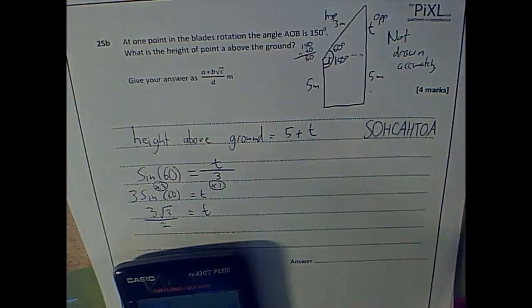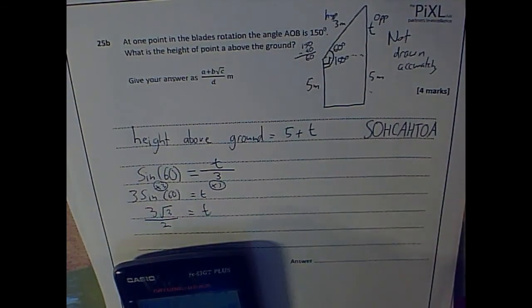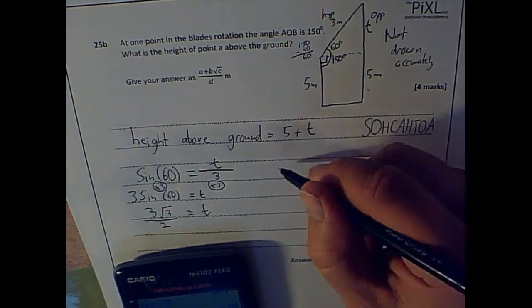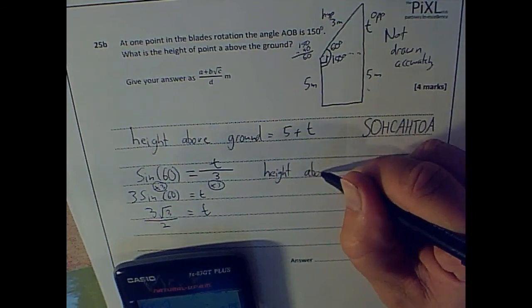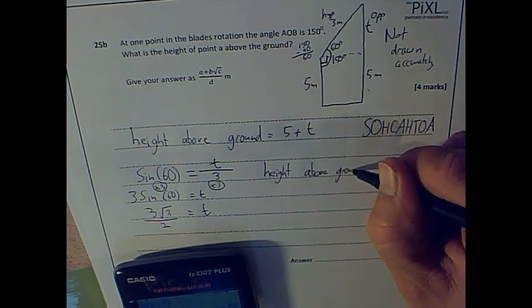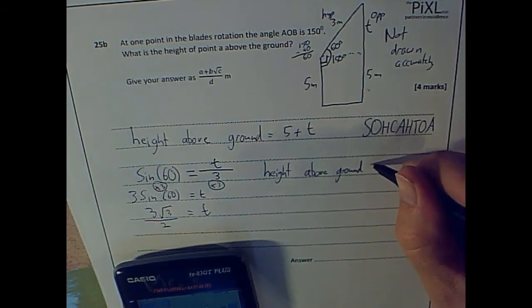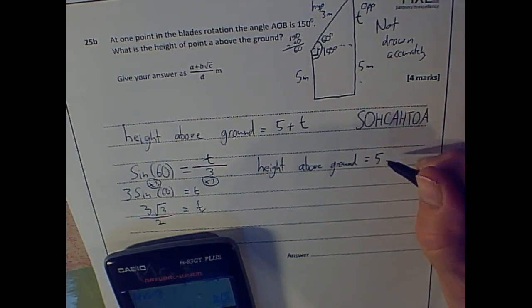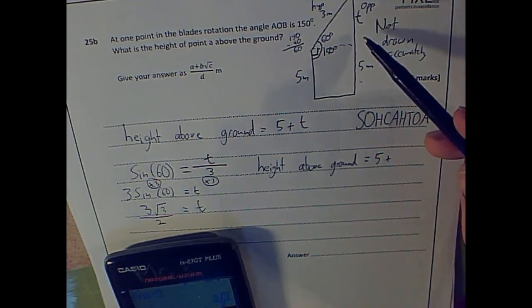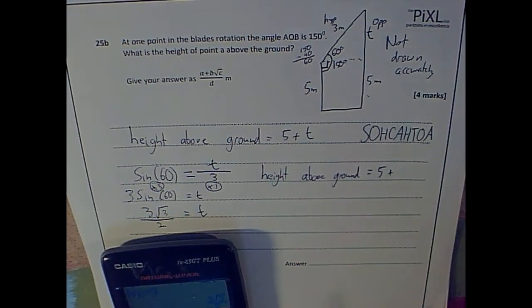Oh, that's nice. So I've got T, so my height above the ground equals 5 plus T, and my T was 3 root 3 over 2.